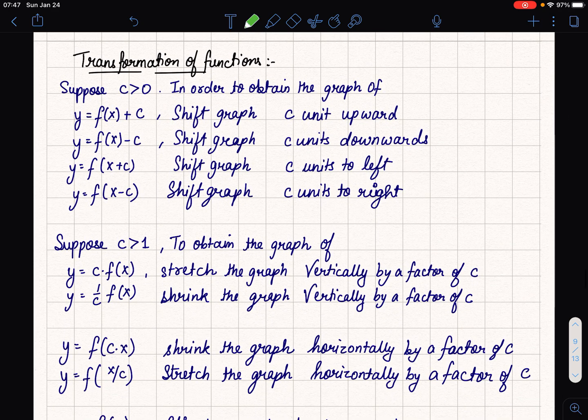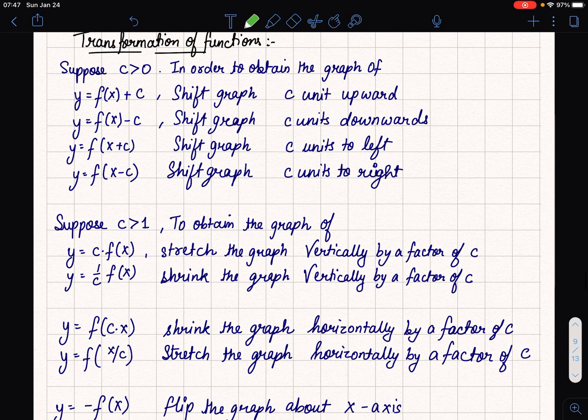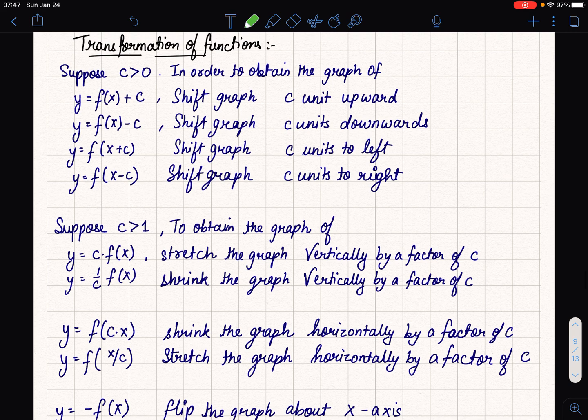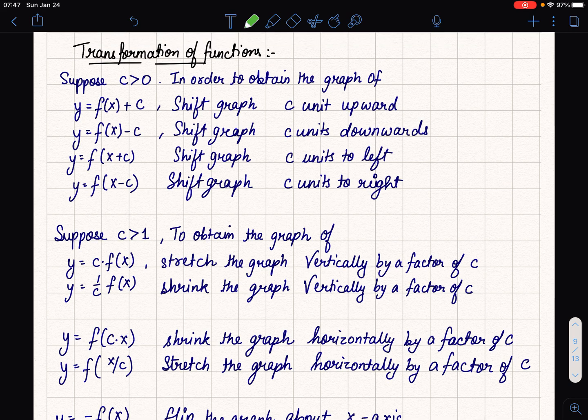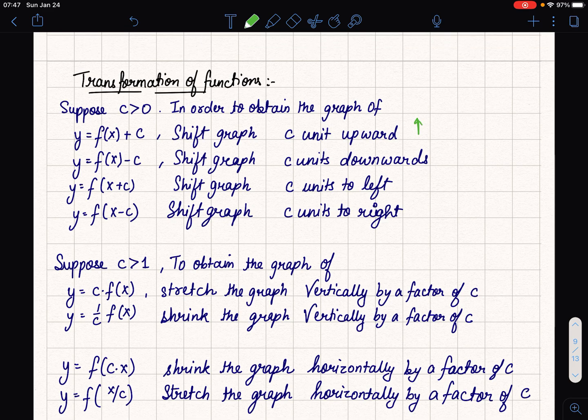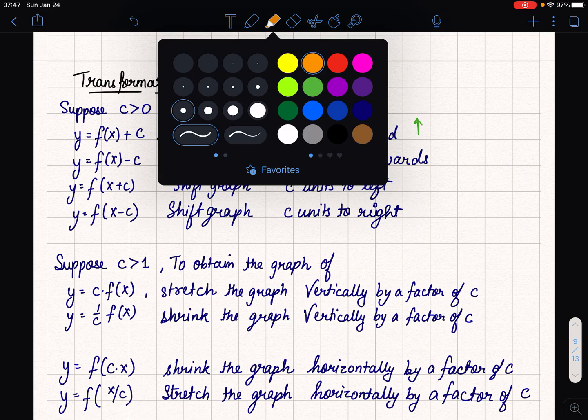Now comes transformation of functions. So we have the following transformation of function rules. We just need to follow the rule and any function can be shifted from its particular domain. If we have c greater than 0, then you give a c unit upward shift for f of x plus c.